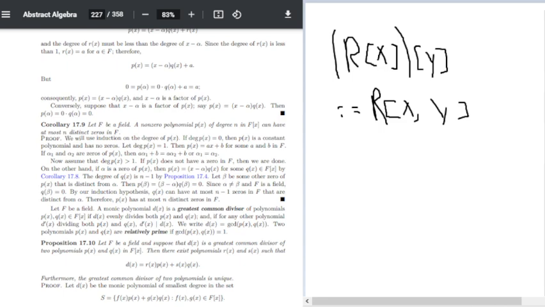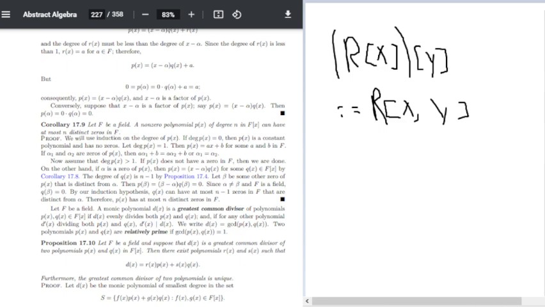Then p(x) is equal to ax plus b for some a and b in F. If alpha 1 and alpha 2 are zeros of p(x), then a alpha 1 plus b is equal to a alpha 2 plus b, so alpha 1 is equal to alpha 2. So it shows that zeros of a polynomial of that degree are unique. Now, assume that the degree of p(x) is greater than 1. If p(x) does not have a zero in F, then we are done.